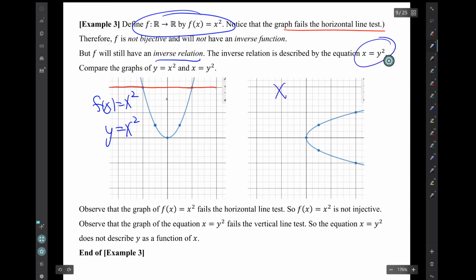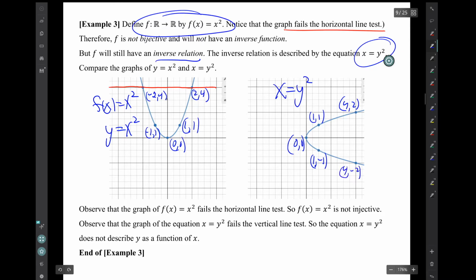So here's a graph of the equation x equals y squared. Now notice that this graph here on the left has points negative 2, 4, and 2, 4, and negative 1, 1, and 1, 1, and 0, 0. If I reverse the coordinates of all those points, I get 4, 2, 1, 1, 0, 0, 1, negative 1, and 4, negative 2.